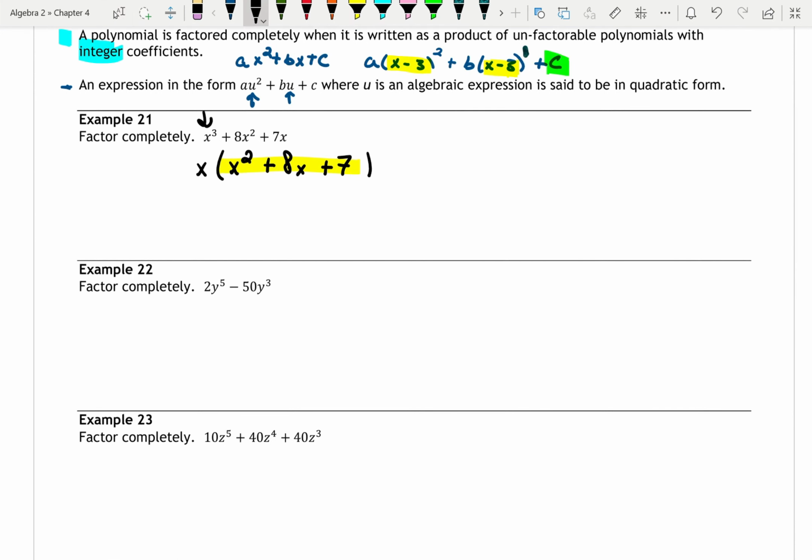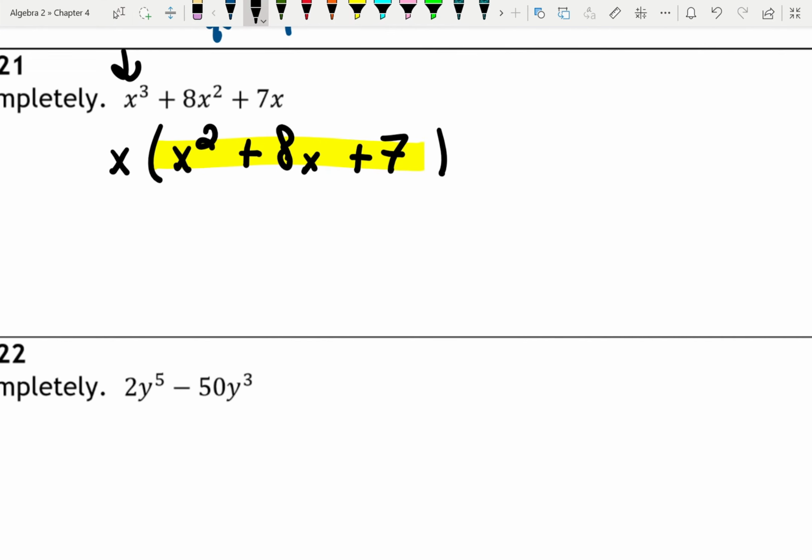It's a quadratic trinomial, and we factored these before. If the quadratic piece has a 1 out front, and this one does, then we can really nicely just break apart the 7. So 1 times 7 gives you 7, and 1 plus 7 gives you 8. So we can have the x hanging out front still. It just carries down.